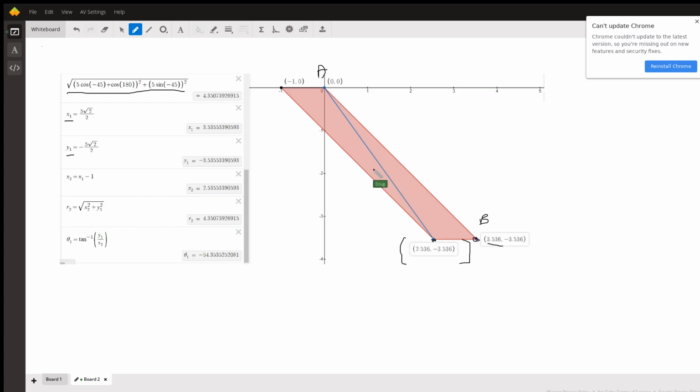And so this r sub 2, or r, is the square root of x sub 2 squared plus y sub 1 squared, 4.35. And theta, which is this angle right here, is the inverse tangent of y sub 1 over x sub 2, -54 degrees.